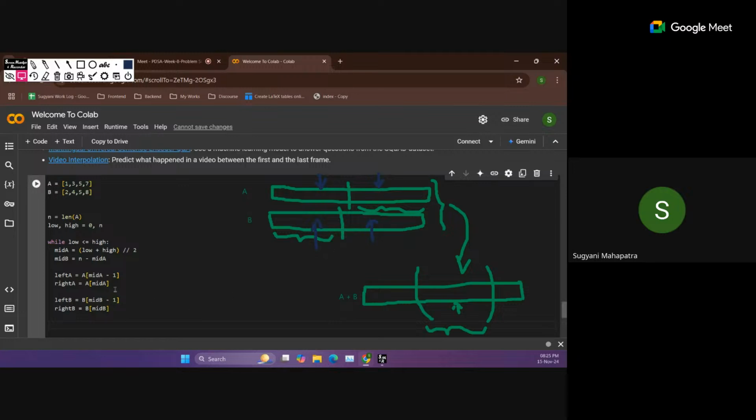Right now, I'm just considering two elements. When I take left of the middle, I'll consider one element here and one element here. So we are having these two elements to consider. But if we are taking three elements, then it will just increase the complexity.